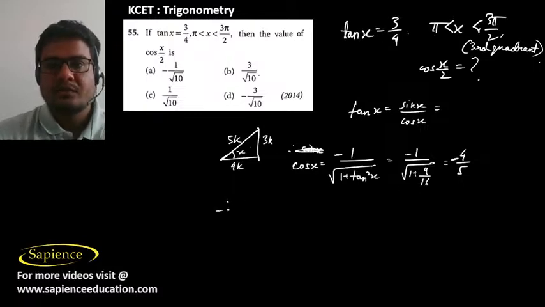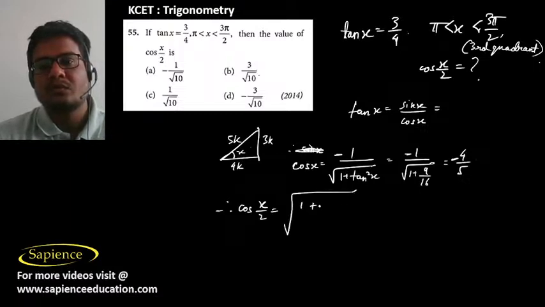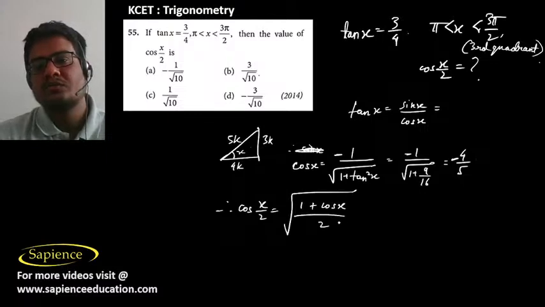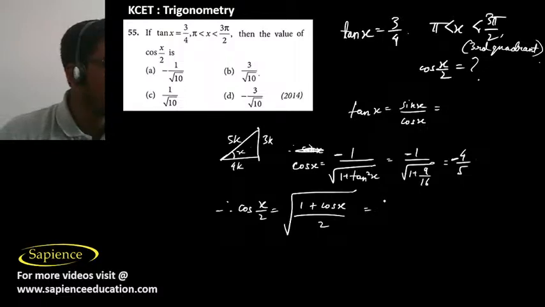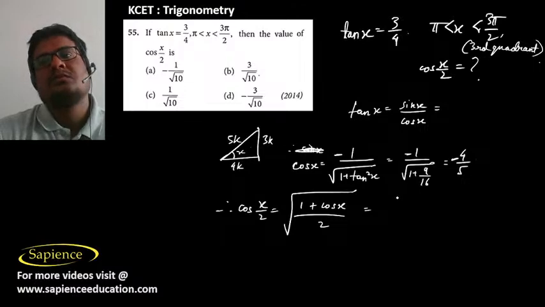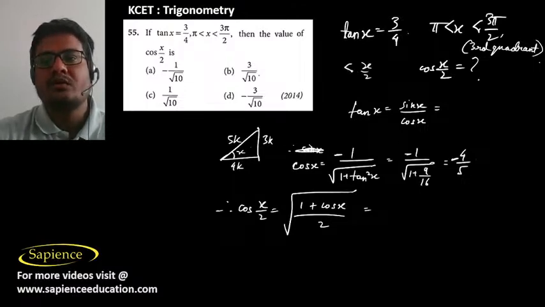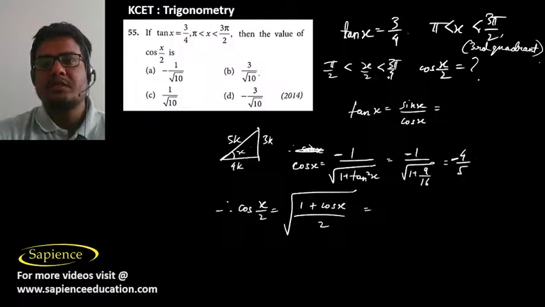Now therefore cos of x by 2 is equal to square root of 1 plus cos x by 2, and x by 2 will be from pi by 2 to 3 pi by 4, means that it is in the second quadrant.